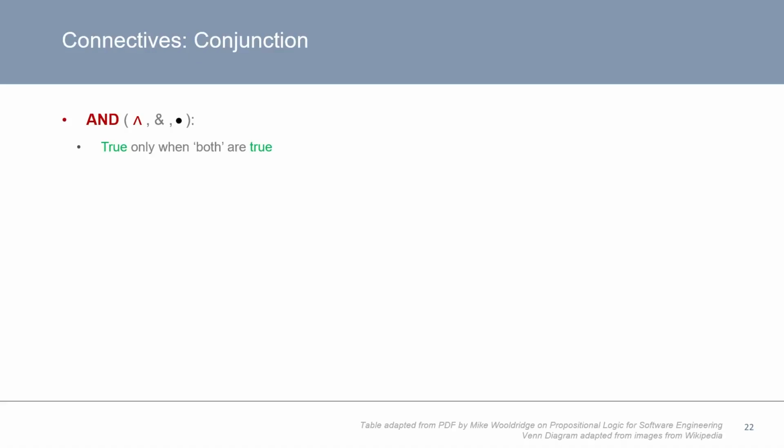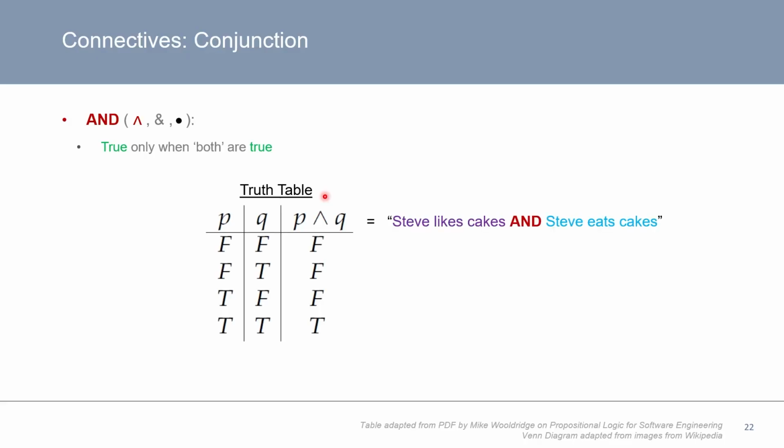First, let's take a closer look at the conjunction connective, also known as and, which is represented by this symbol. This indicates that something is true only when both propositions being connected are true. Let's use the example P and Q, which might translate into something like Steve likes cakes and Steve eats cakes. Let's examine our truth table to see the results of the AND connective.